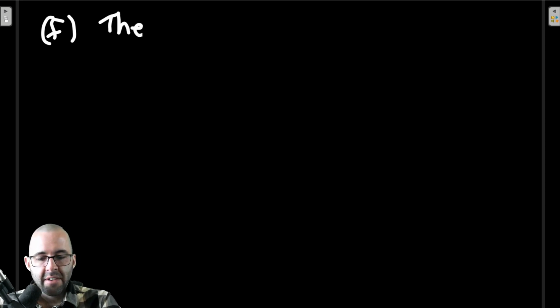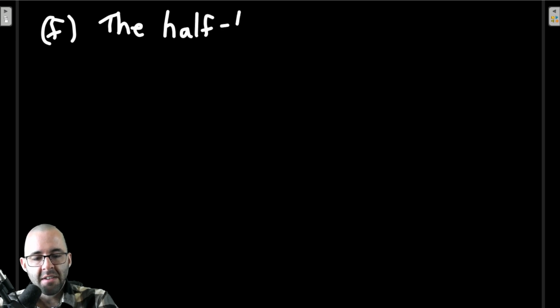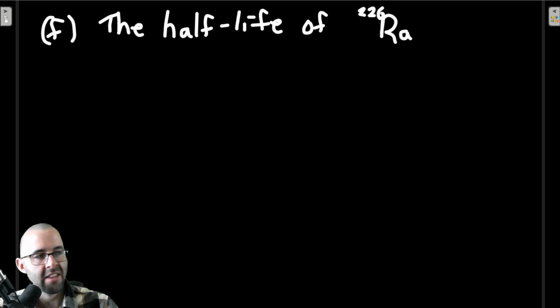So the half-life of radium-226. Fun fact, this is how you actually write that radioactive isotope: the element sign, and then a sort of backwards superscript.